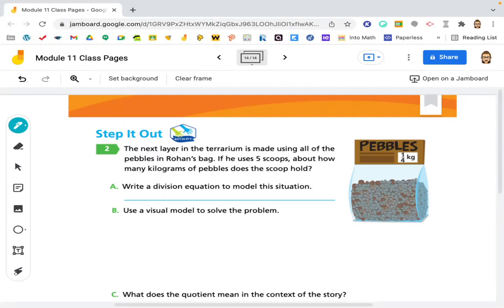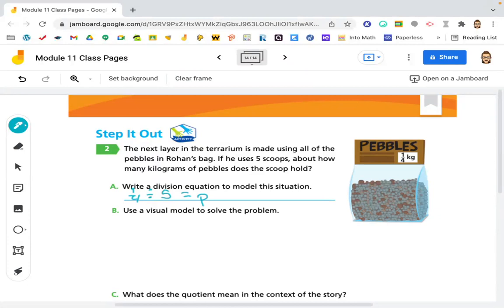If we have that this whole thing is 1/4 of a kilogram, we're going to do 1/4 divided by 5 scoops equals P. It says use a visual model to solve the problem.